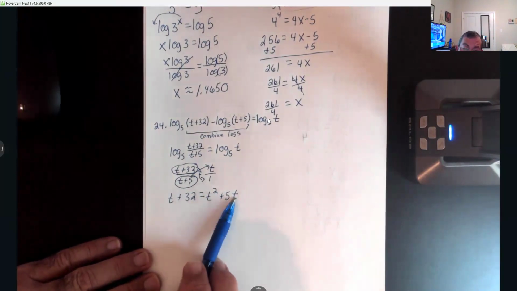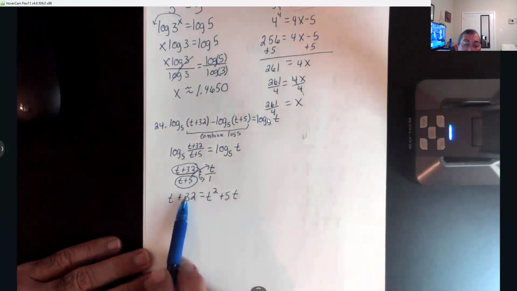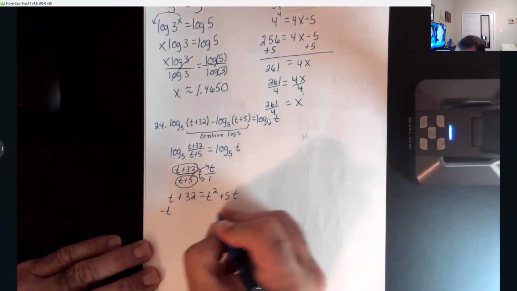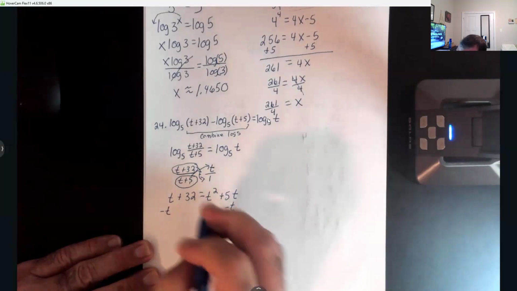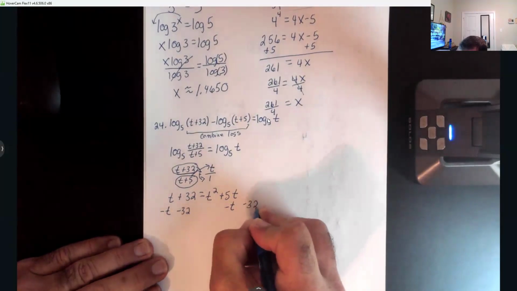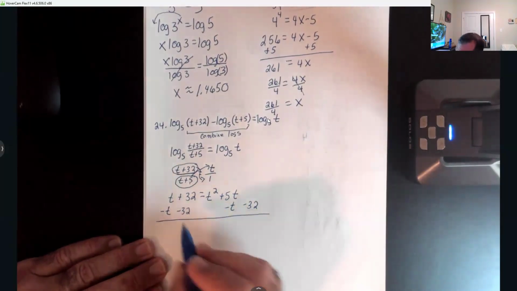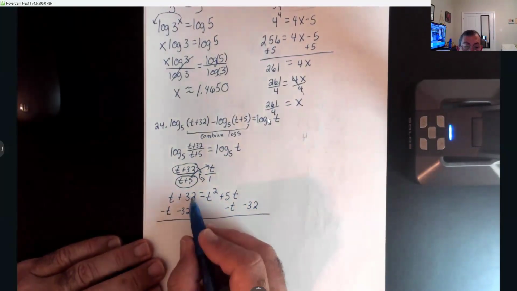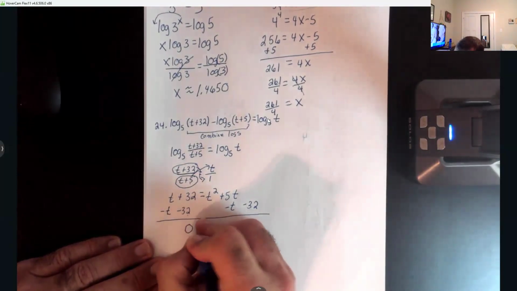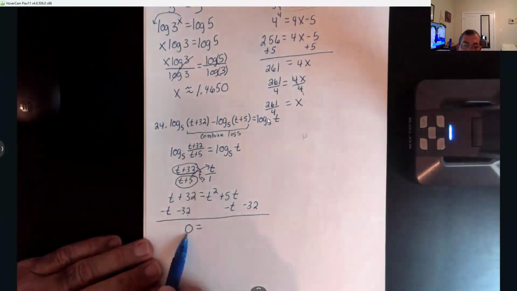So to solve quadratics, we need everything on one side equal to 0. So y'all, your next step would subtract t from both sides and subtract 32 from both sides. So t minus t is 0. 32 minus 32, 0. So the left side is a big 0.